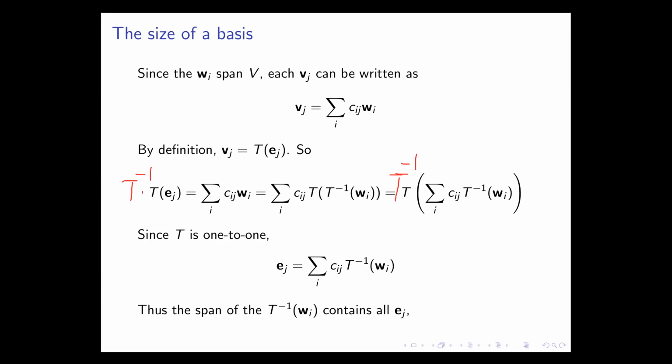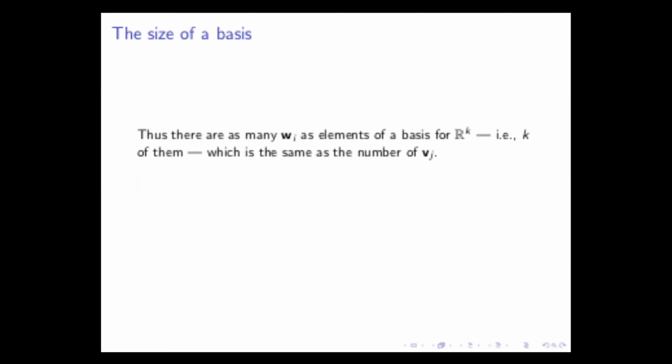And therefore the span of the T inverse of Wi contains all vectors ej, and therefore it contains all of Rk, the entire vector space Rk. So therefore, there are at least as many W's as elements of the basis of Rk, namely k of them, which is the same as the number of Vj.